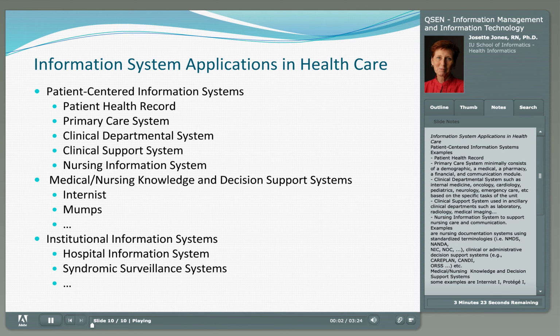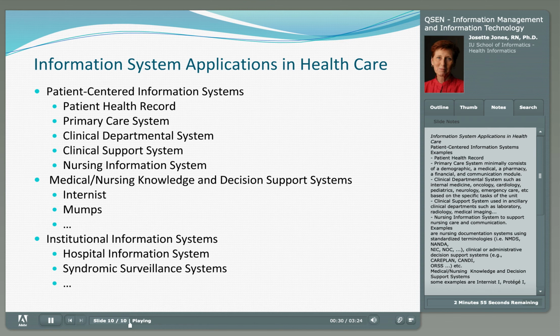Lastly, we will provide some examples of information system applications in healthcare. Information system applications in healthcare can be grouped as patient-centered information systems, medical nursing knowledge and decision support systems, and institutional information systems. Examples of patient-centered information systems are patient health records.